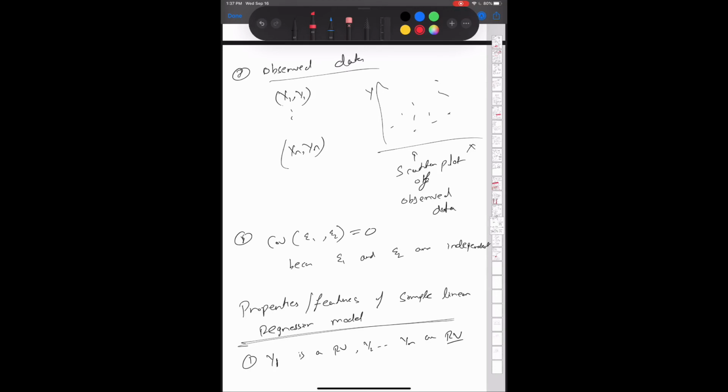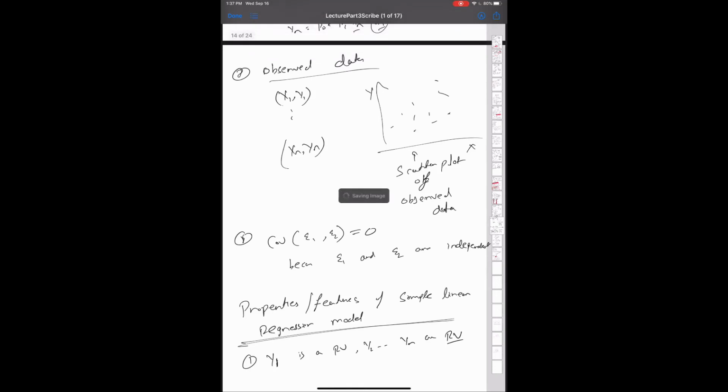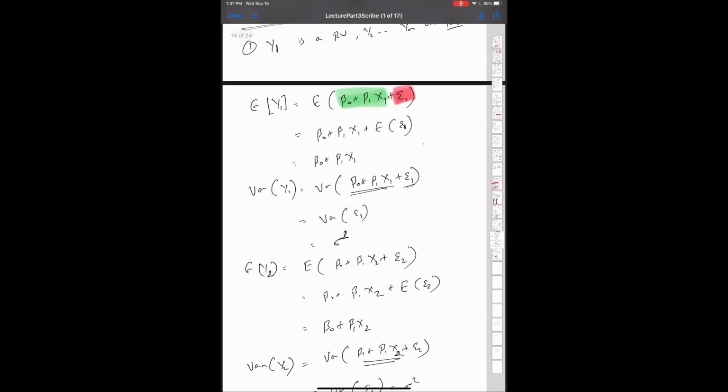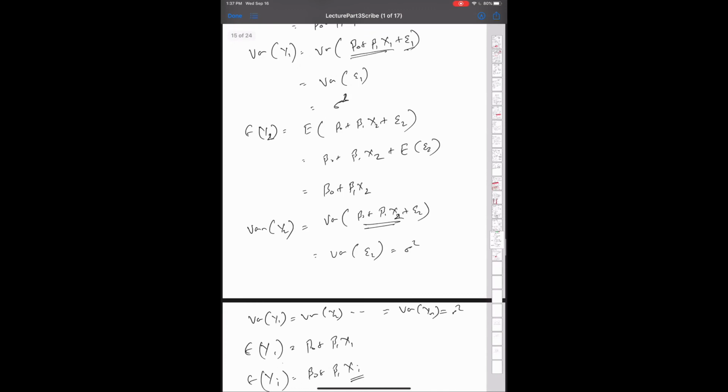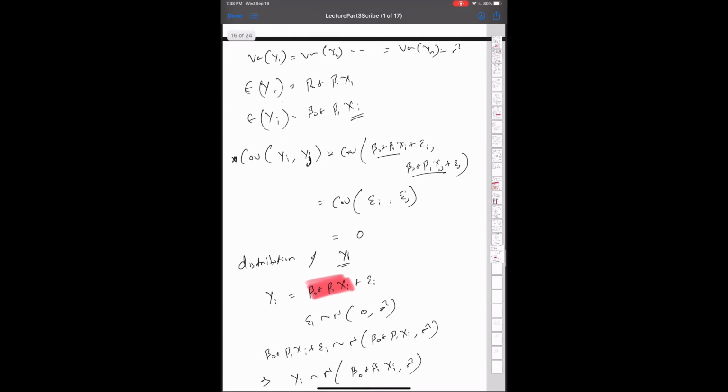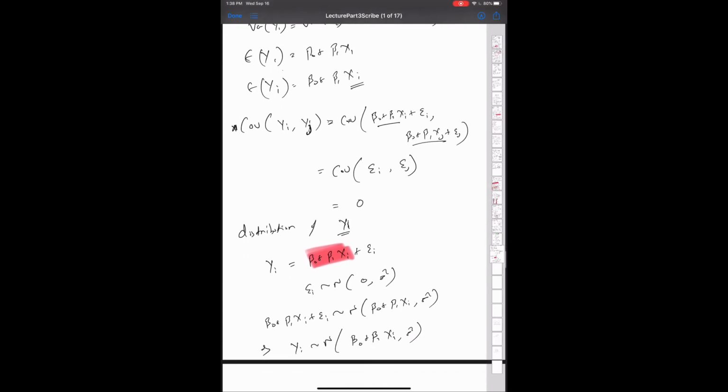We have found out that yi's are random variables with different means but the same variances. Their covariances are 0, and we have also found the distribution of yi, given that the distribution of epsilon i is normal with mean 0.